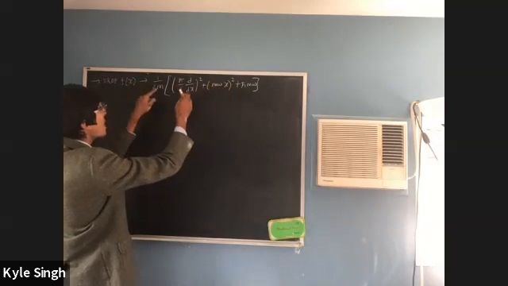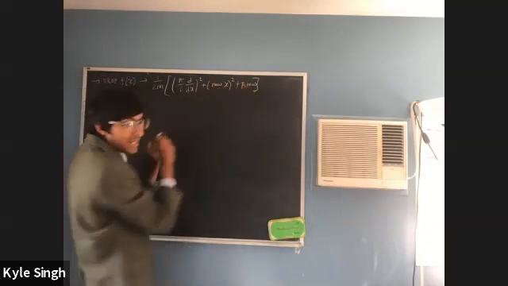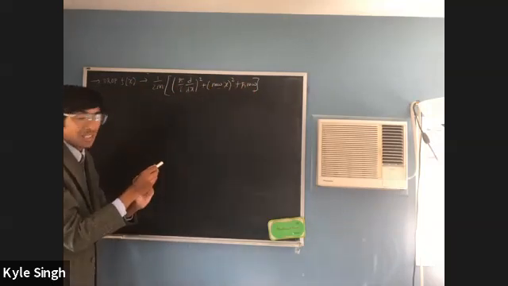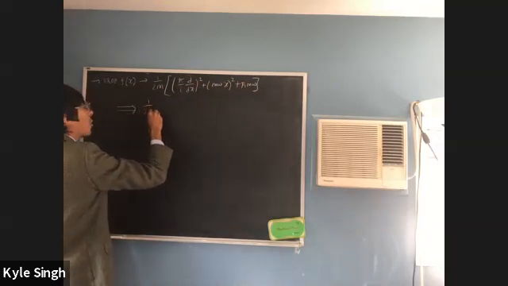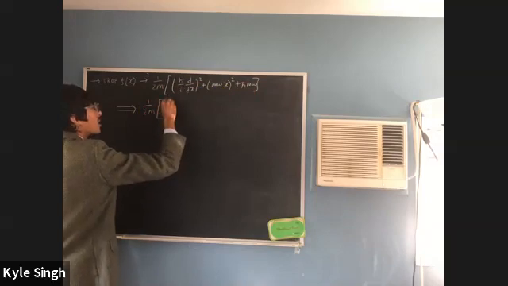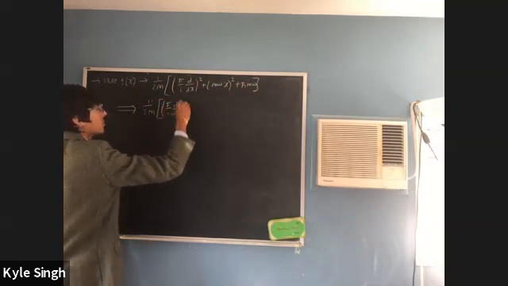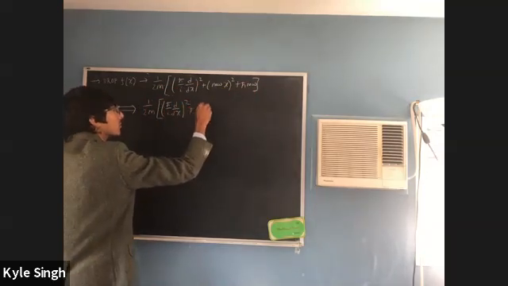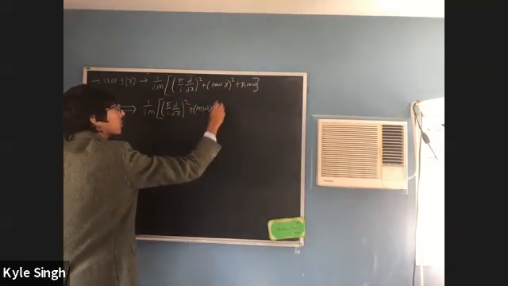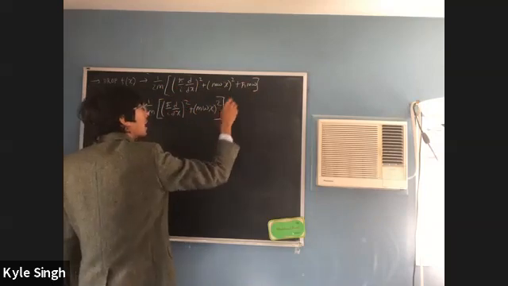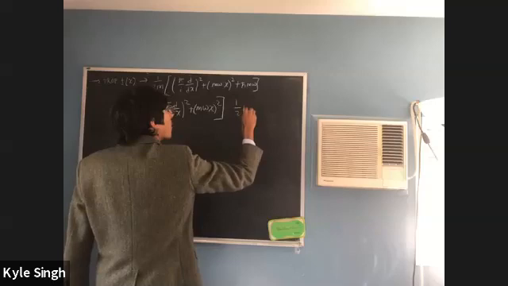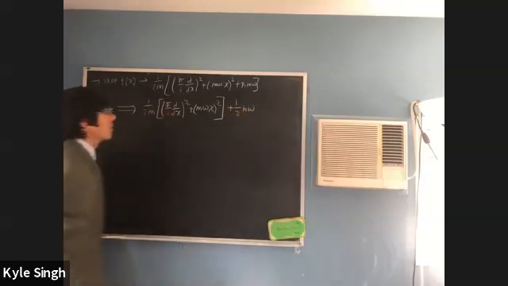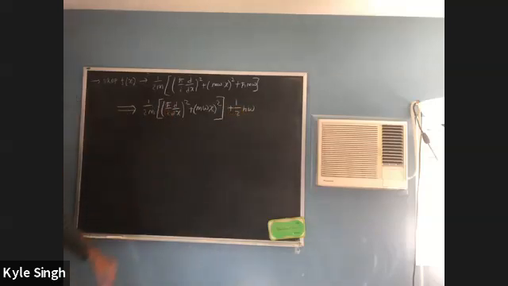So I'm only going to multiply 1/2m by this term, and I get my final expression, 1/2m. I multiply the 1/2m by this, and I get 1/2 h bar omega. So that's my final result.